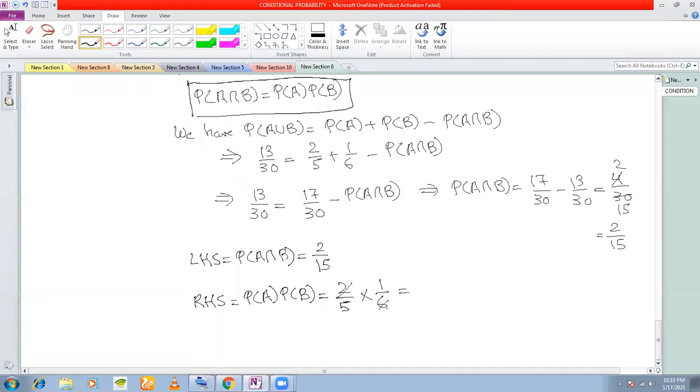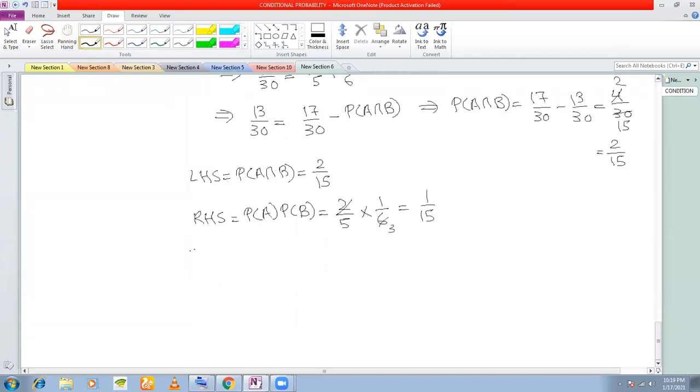So you get 1 by 15. So what happens? Is P of A intersection B equal to PA into PB? No. Since P of A intersection B is not equal to PA into PB, hence A and B are not independent. Right?